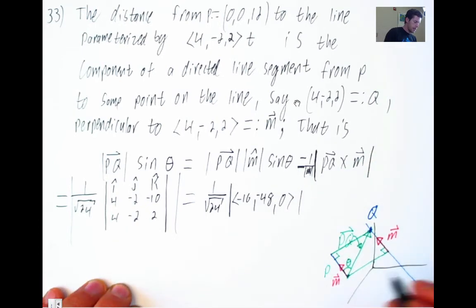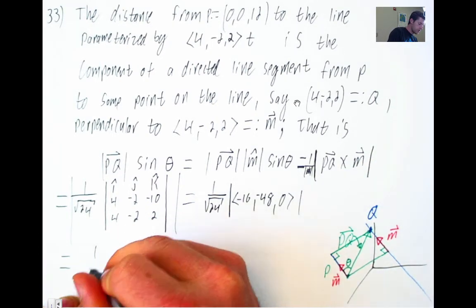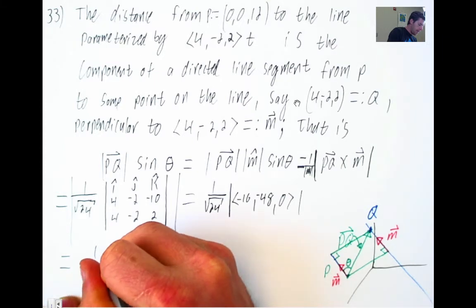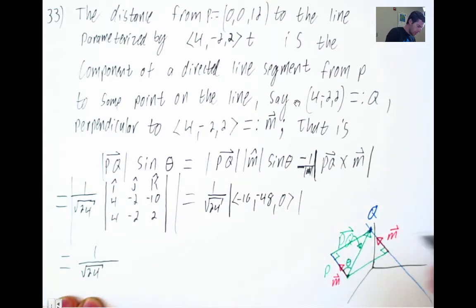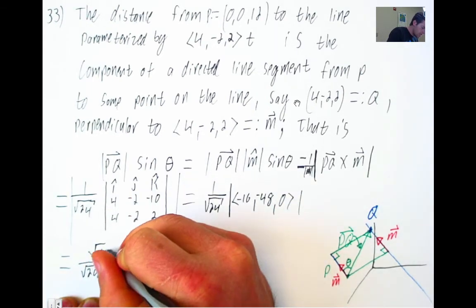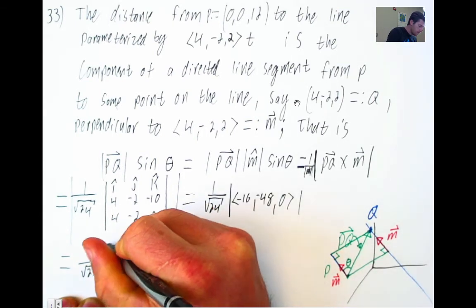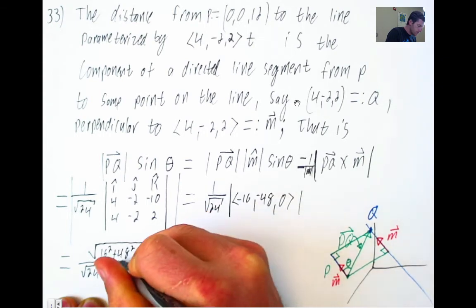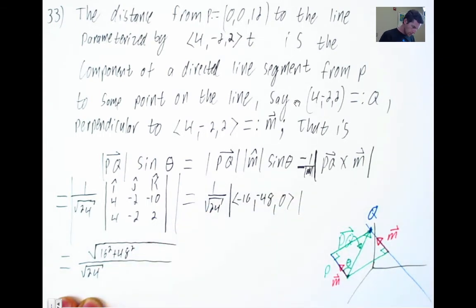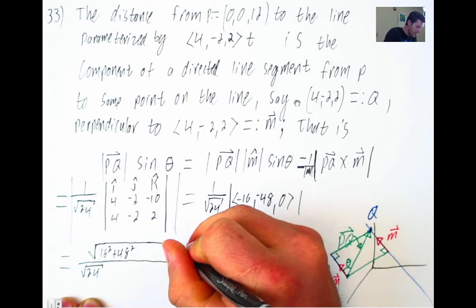And that, my friends, is 1 over the square root of 24 times, on the numerator, the magnitude of that: 16 squared plus 48 squared plus 0 squared.